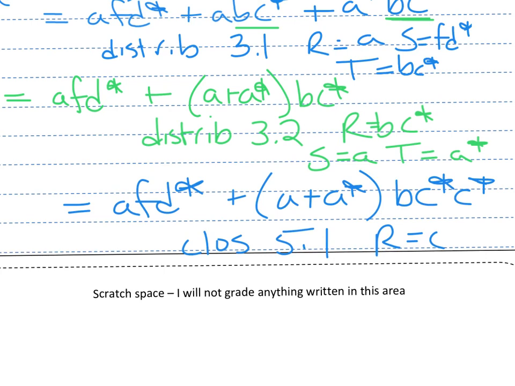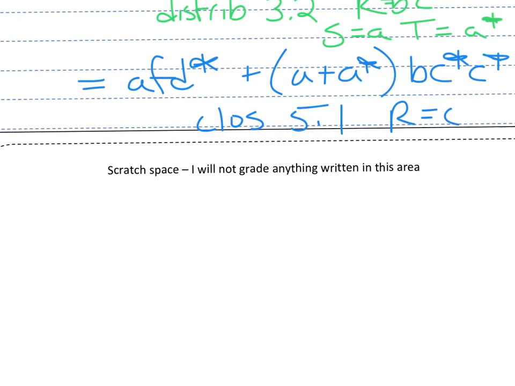Okay. And now I know that A is inside of A star, so I know A plus A star must equal A star. I just need to find the rule for it. And I'm looking on my sheet, and hang on. Oh, look at that. It's another closure 5.1. It's just my R is going to be different.